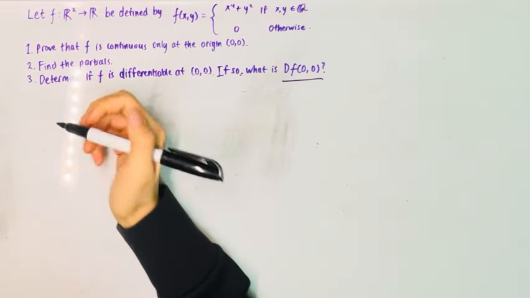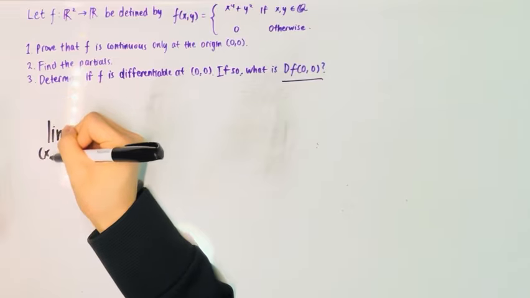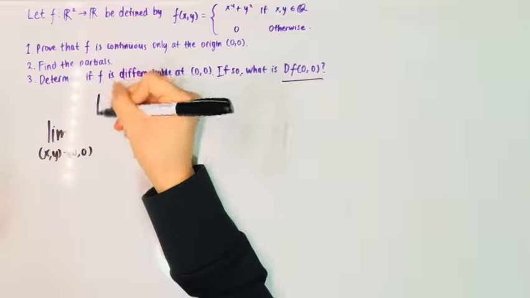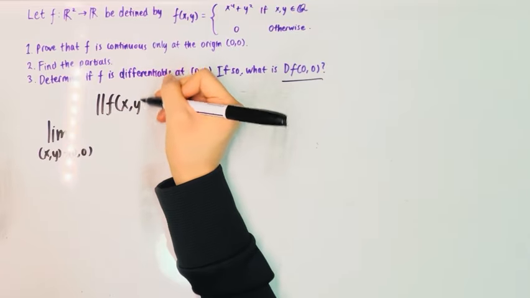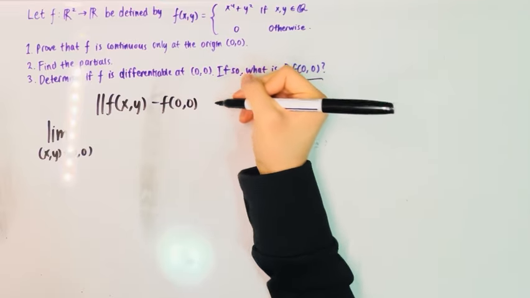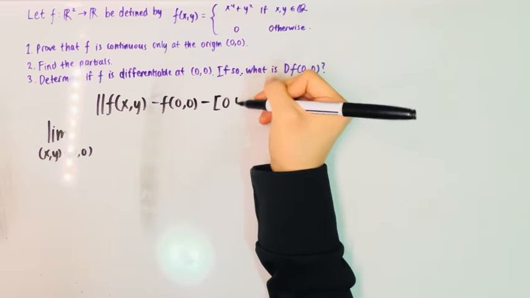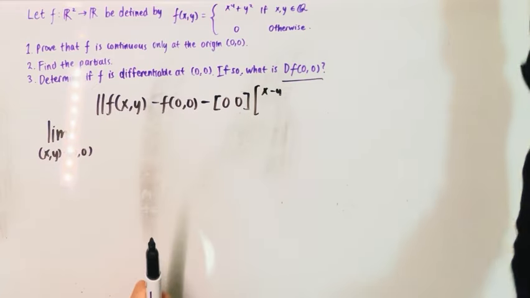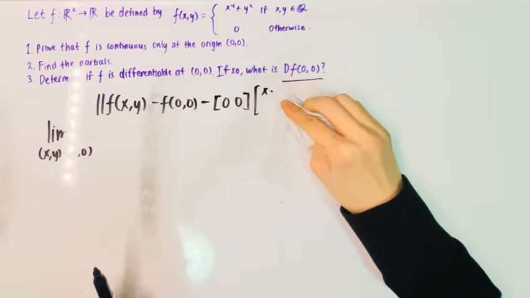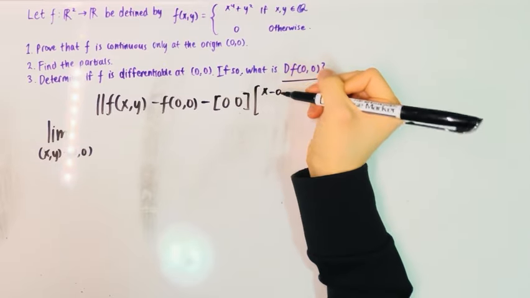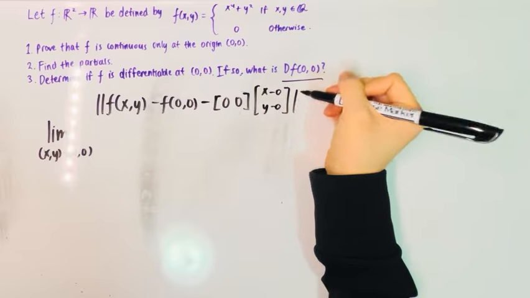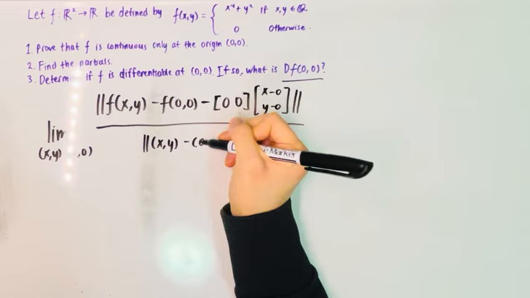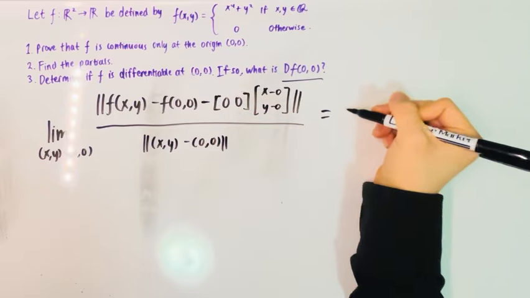In other words, we want the limit as (x, y) goes to (0, 0) of the norm of f(x, y) − f(0, 0) − our candidate from calculating the partials, (0, 0) applied to (x − 0, y − 0), over the norm of (x, y) − (0, 0), to be equal to 0.